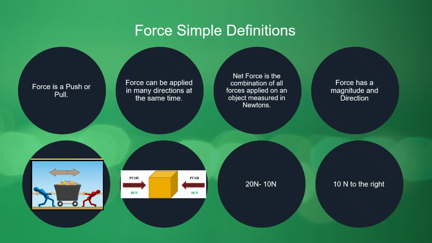Therefore, this brings us to the fact that the net force will always have a magnitude, which is a number, and a direction. And it will tell us that that object is going to have this much magnitude, 10 newtons, to the right. It's going to be going to the right. So as I push forward, the table underneath is pushing backwards on me 10 newtons.